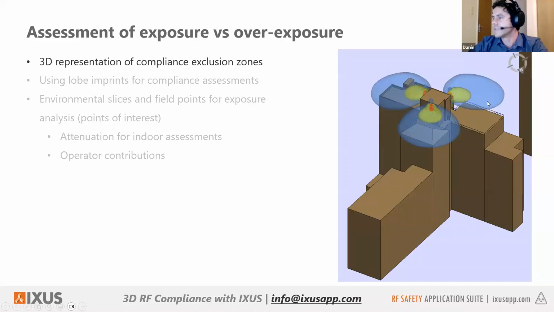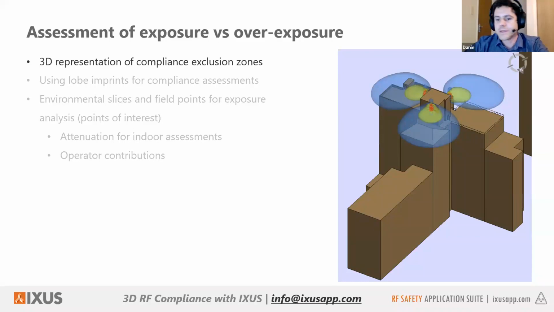So by looking at these exclusion zones, it looks like there might be overexposure areas, but it's still difficult to actually determine if there's any accessible overexposure areas. So the tool that we like to use in IXUS is called the Lobe imprint tool. What the Lobe imprint tool does is it actually uses the geometry that you've created in your model, and it uses the 3D exclusion zones that you've now created.